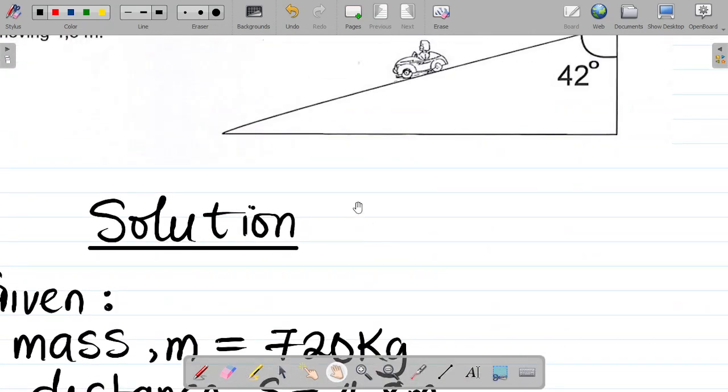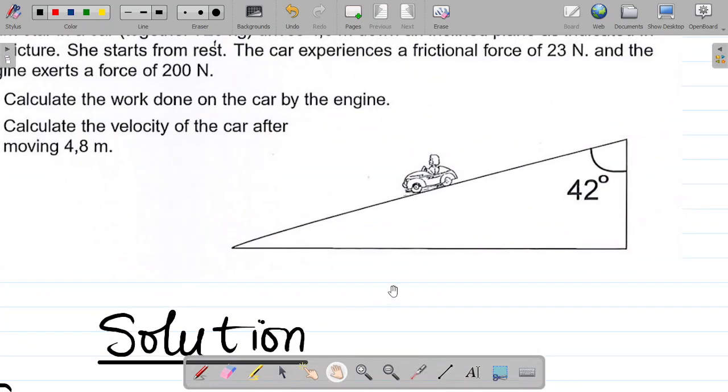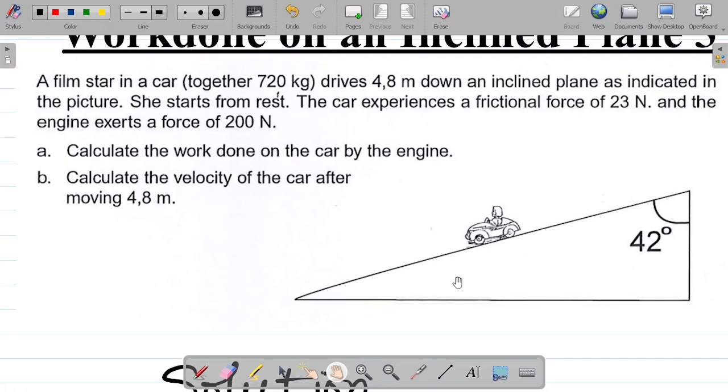Now, in this question, we want to draw a free body diagram. That is a diagram that indicates all the forces in this question. So what are the forces in play? First things first, observe that this girl is moving downwards this way, right? And she's driving downwards because the engine is moving the car downwards. That means F engine is acting downwards.